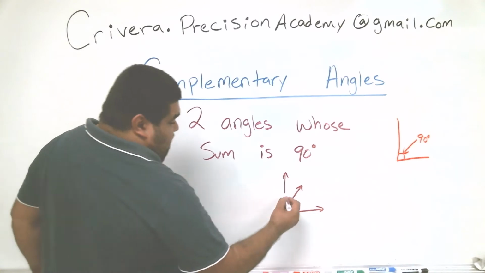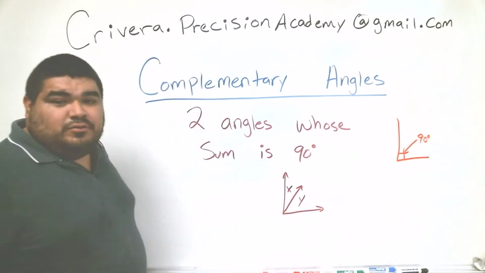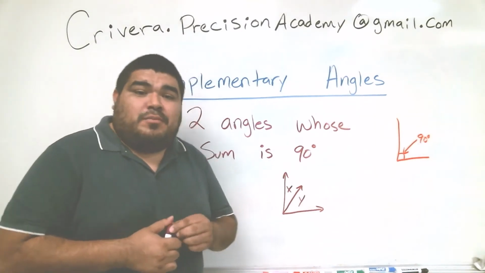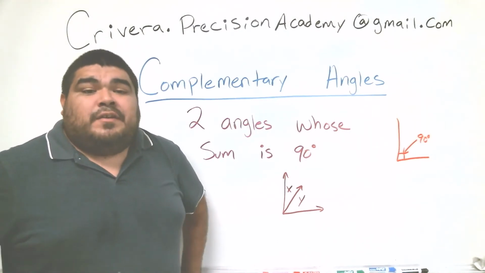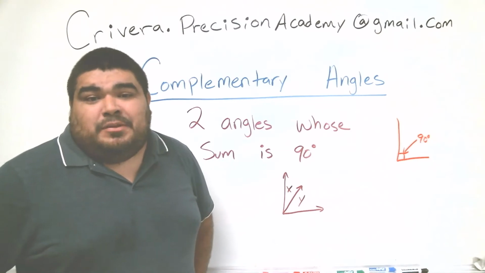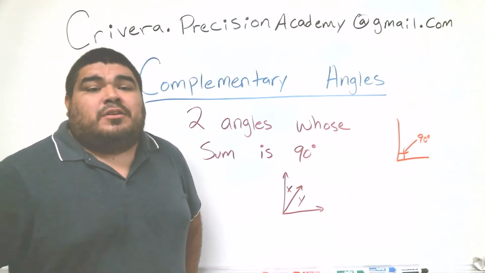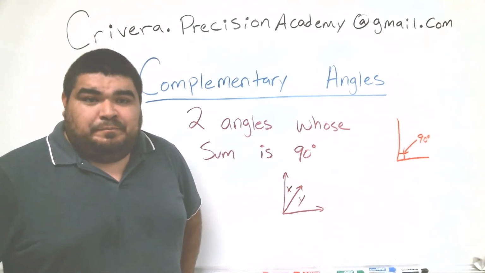Now you have two angles that form a complementary angle. So now that you know the difference between a supplementary and complementary angle, we can start on the examples for today.